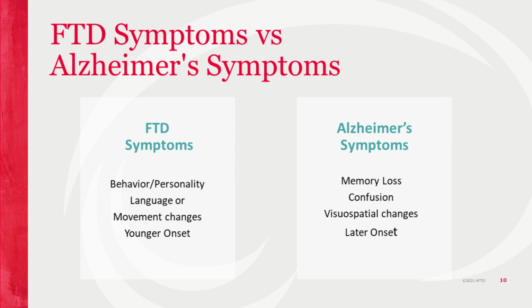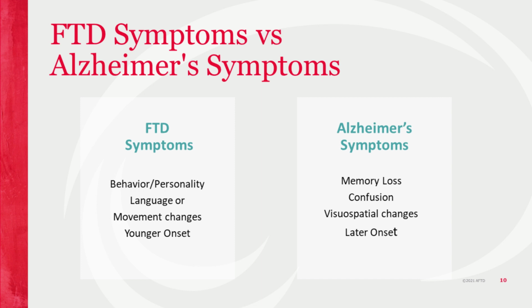Here we see just a very shorthand overview of some of the common symptoms of Alzheimer's and FTD. If we speak about Alzheimer's, already mentioned short-term memory loss. Often a person will forget that they had breakfast that morning, or that their daughter visited yesterday, or that half an hour ago they asked their spouse, when do I have my cardiology appointment? So forgetting recent events, because with Alzheimer's, the deterioration tends to start in the hippocampus, which has to do with storage of new memories.